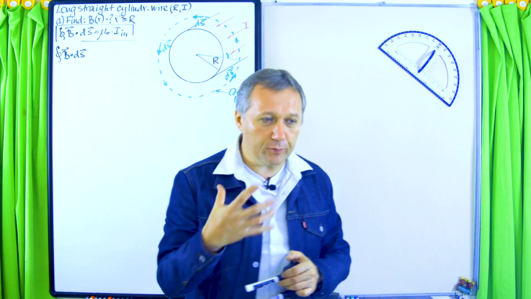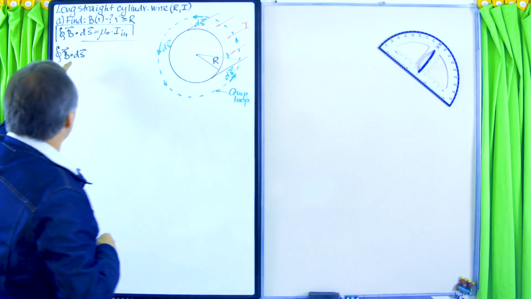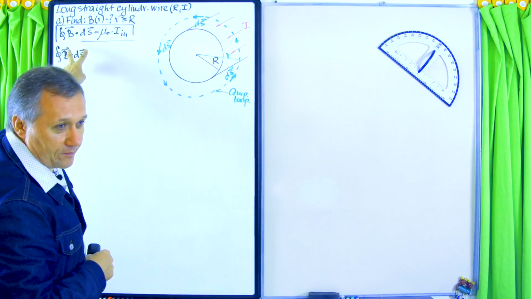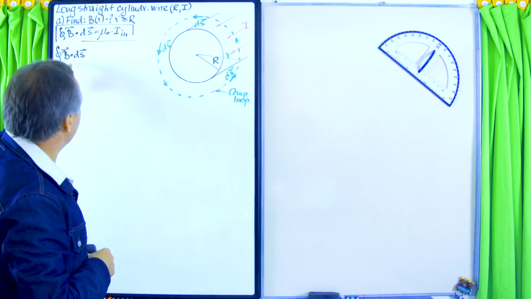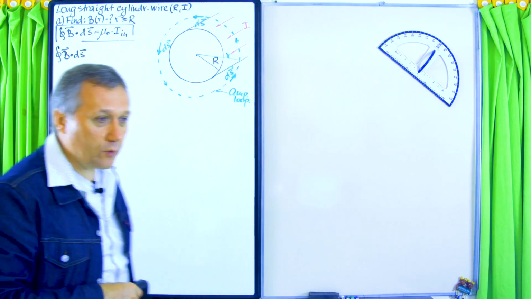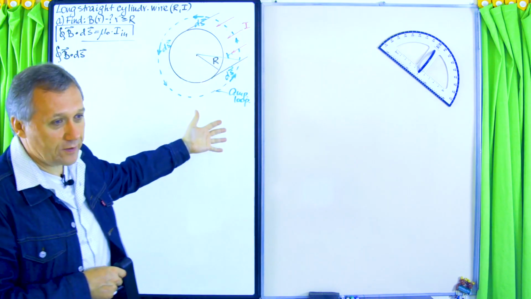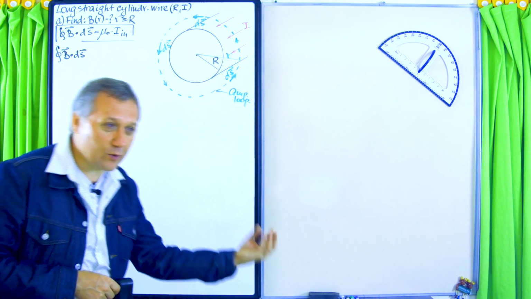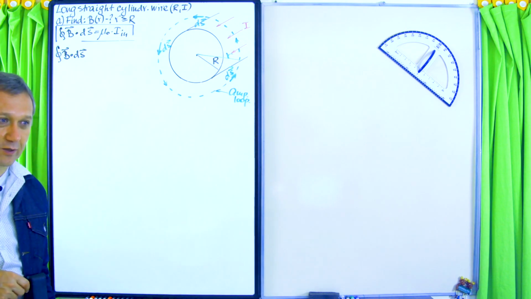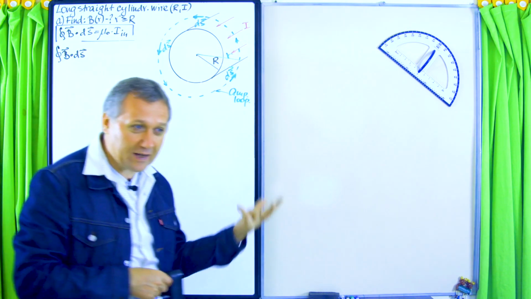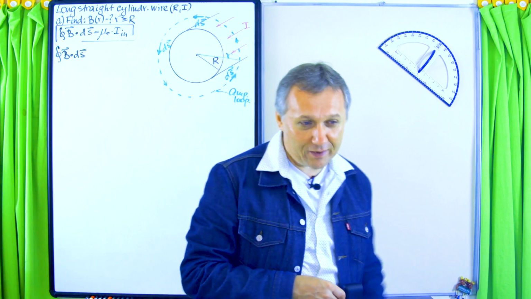The first step will help us to remove vectors. After the first step, we're going to have the product of just the magnitudes of these vectors. And then we will use symmetry. During the second step, we're going to extract the magnetic field from the sign of integration. You remember, we made exactly the same steps when we applied Gauss's law.